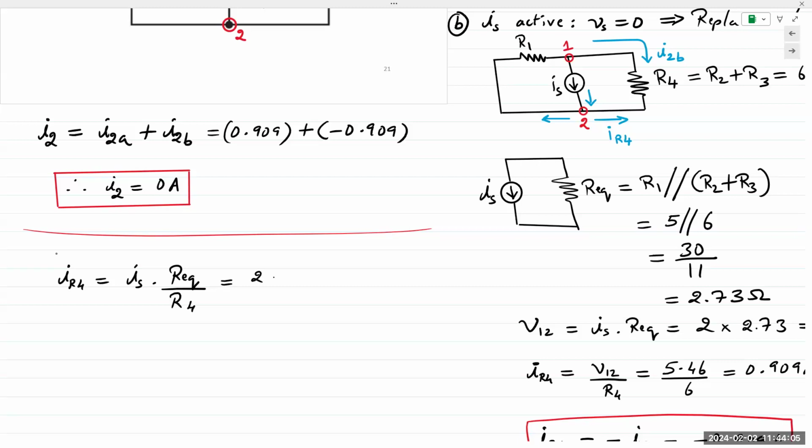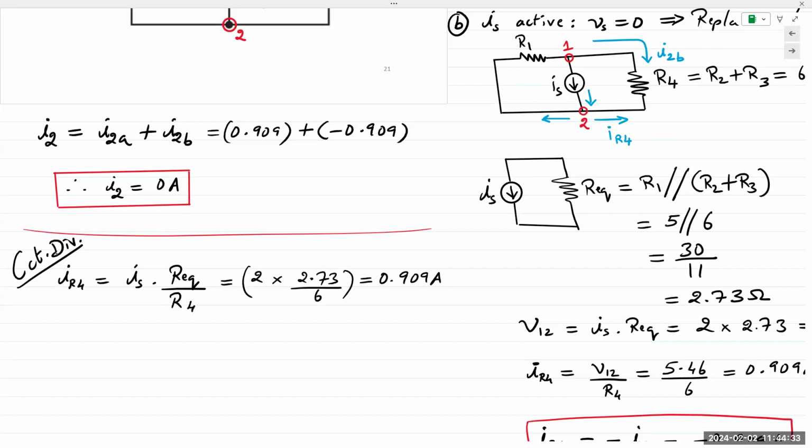IS is 2 amps. REQ is 2.73 divided by 6. So again, the same thing. This is from current division. One-step answer versus 2 equations.